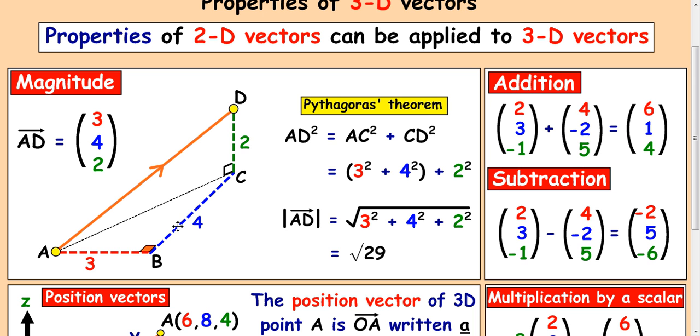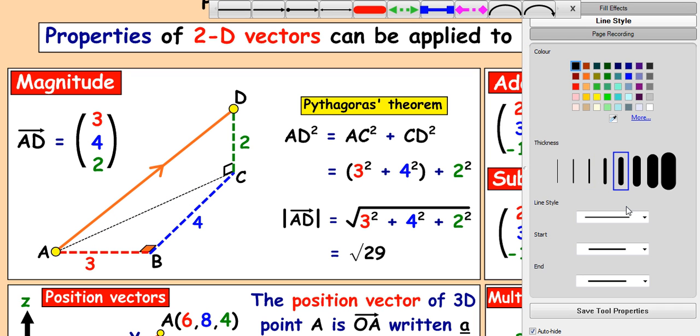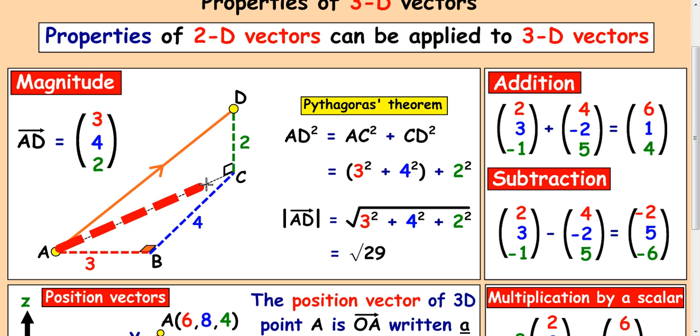And the reason for this is, if we look at this diagram here, and we concentrate on this line here, we get a better line to represent that. So if we concentrate on this part here, now that's really just 3 squared plus 4 squared square rooted. So it would be in essence 5, but that's 3 squared plus 4 squared.